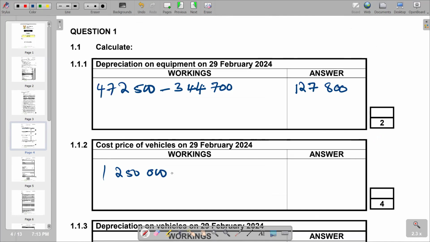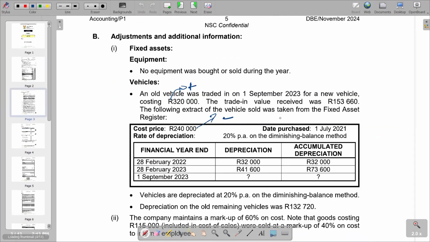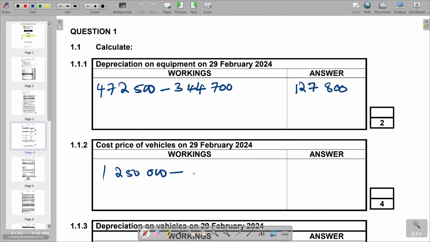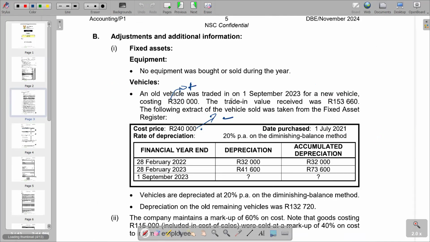Then we subtract the one that is going out, which is 240,000, the one that is being traded in. And we add the one that is coming in, which is 320,000.